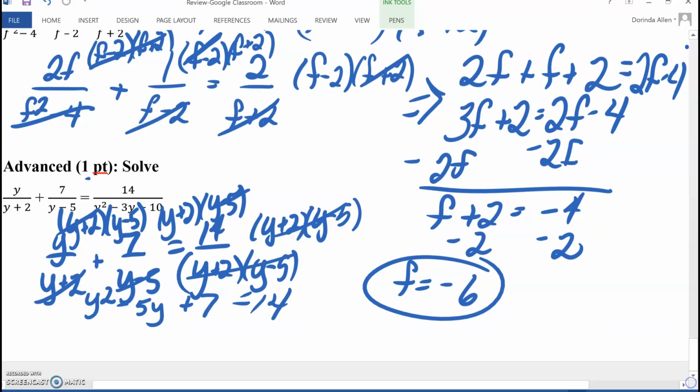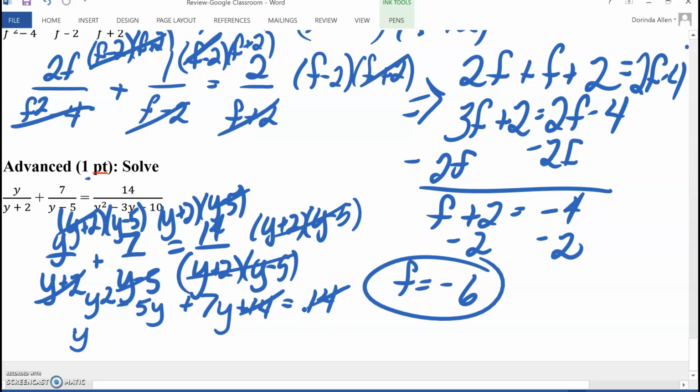Let's see if I can get a little bit more here. So if I bring this 14 over, I didn't multiply that out. 7 times y, 7y plus 14 equals 14.